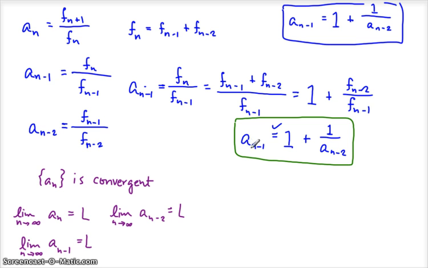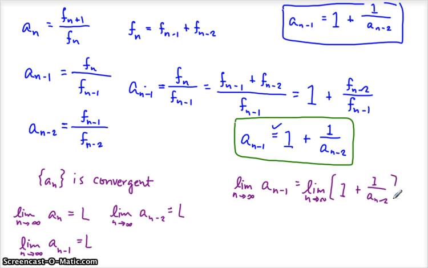So if we apply the limit as n approaches infinity to both sides of this equation, you'd have the limit as n is approaching infinity of a sub n minus 1, which would equal the limit as n approaches infinity of the entire right-hand side, 1 plus 1 over a sub n minus 2.